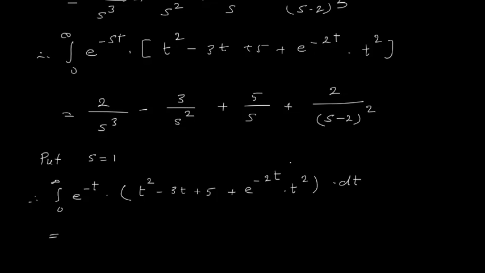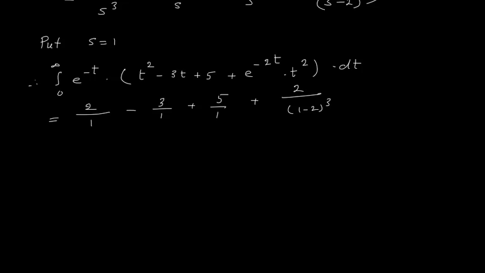This is equal to 2 upon s cube; in place of s we have 1, so it is 2 upon 1 cube, minus 3 upon 1 plus 5 upon 1 plus 2 upon (1 minus 2) the whole cube. Okay, here it is whole cube.